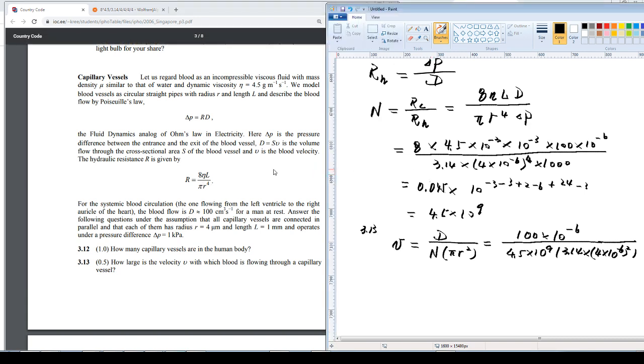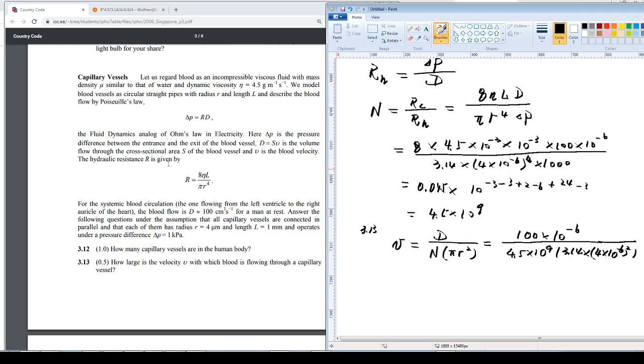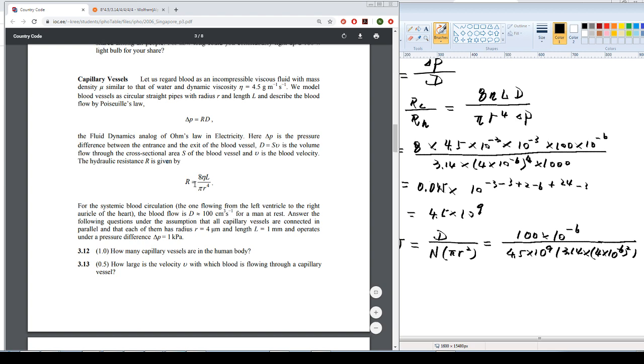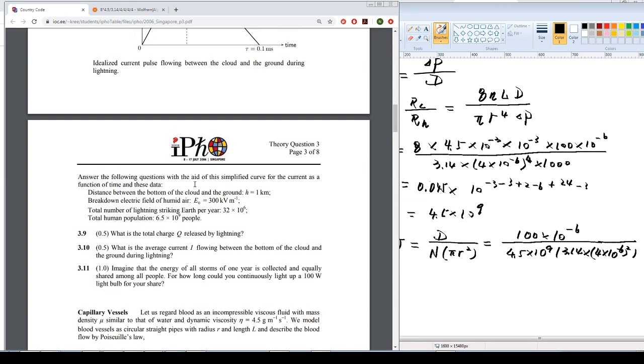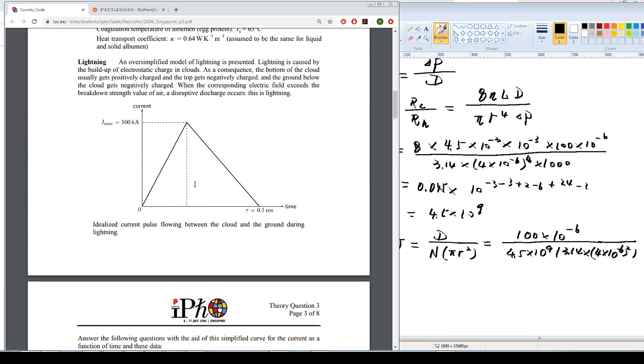So yeah, what's really interesting is that idea that we can model all the flow problems this way. Okay, so let's look at the next one.